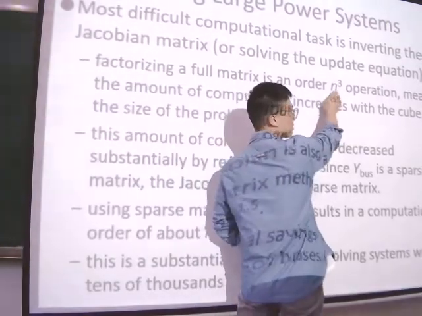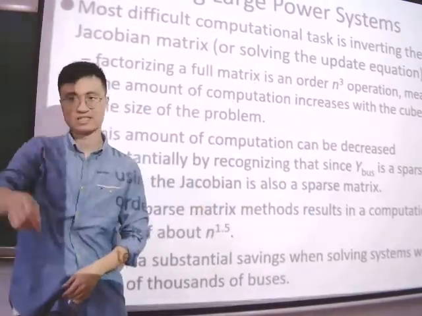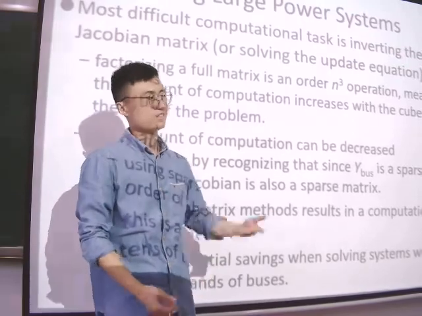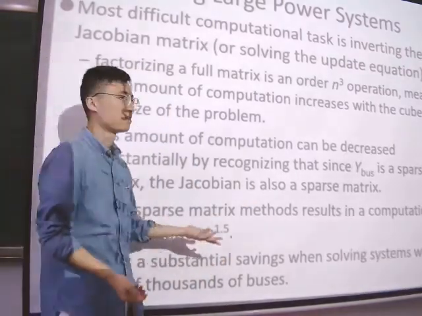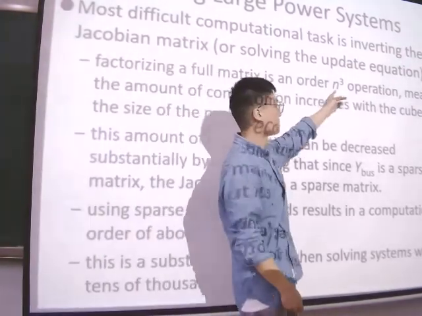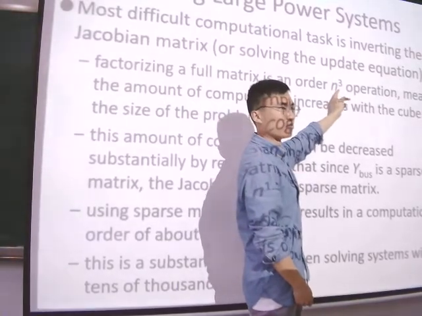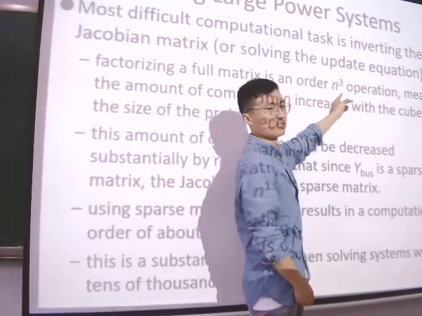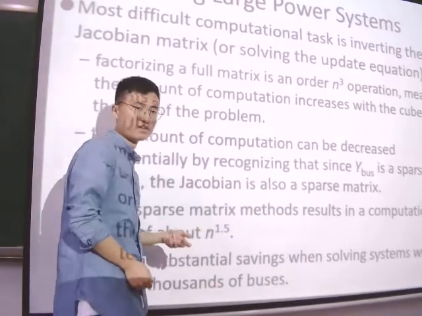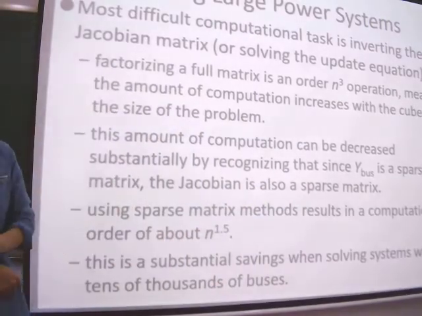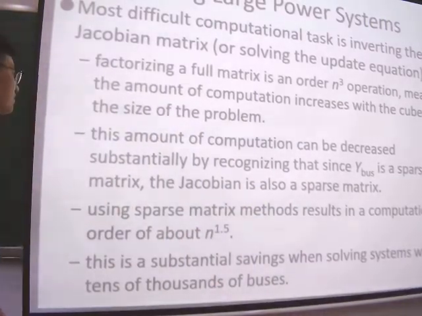You can see that it is a very exponential difficulty when n becomes very large, right? 10 becomes 1,000, 100 becomes a million, so it becomes more difficult.